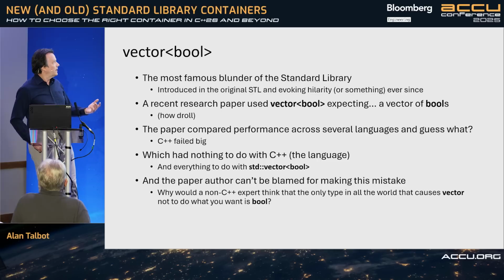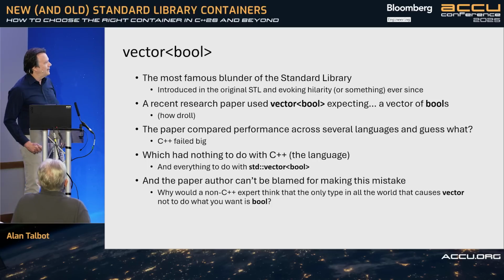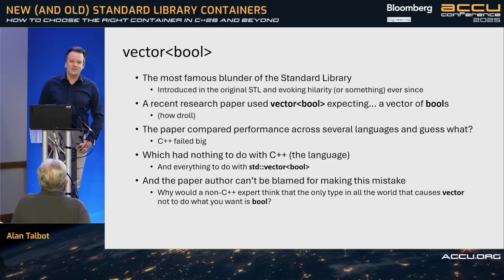And they did this in several languages, and they used a vector of bools, expecting a vector of bools. What were they thinking? And guess what the performance comparison showed? Guess how C++ did?